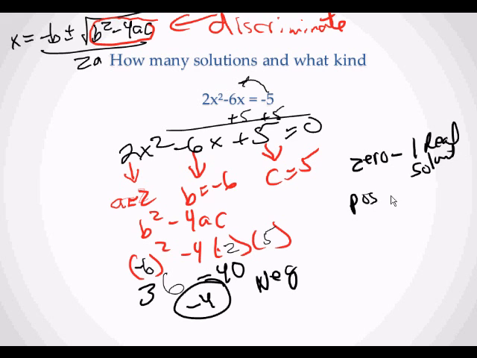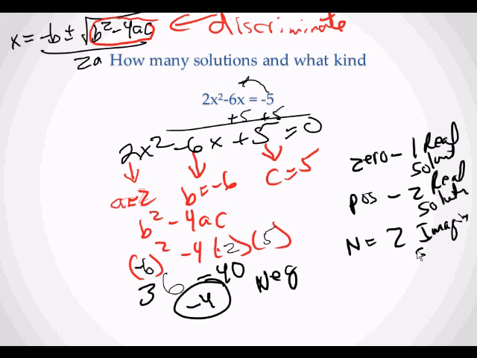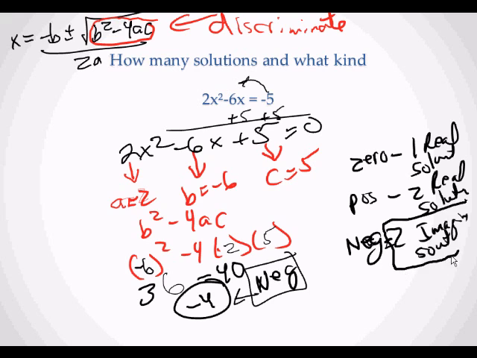Remember I said if your answer was 0, then you would have one real solution. We had written this down before. If your answer was positive, you'd have 2 real solutions. If your answer is negative, you'd have 2 imaginary solutions. So they just want to know how many solutions and what kind.